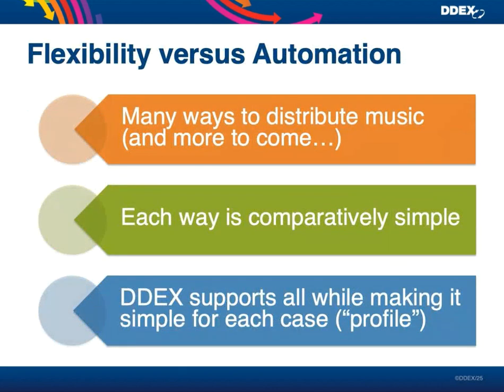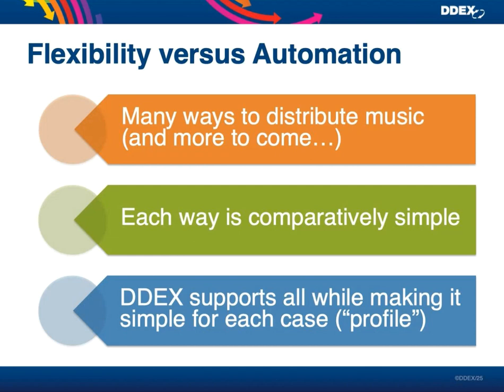One of the other things that is quite challenging for DDEX is the vast variety of different ways in which music can be made available to consumers. The music industry is a creative industry, and that is not only in the studio, but certainly also in the way in which music is made available.